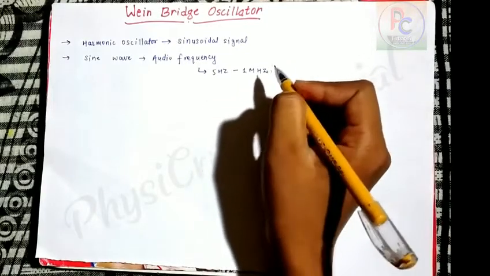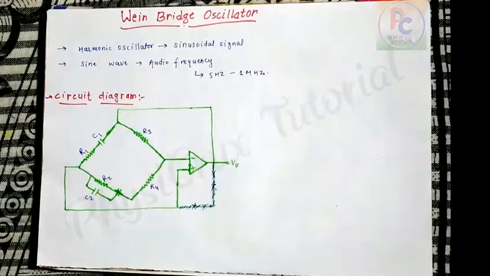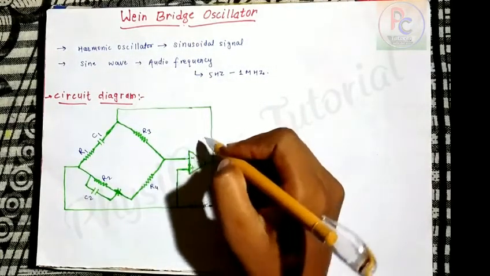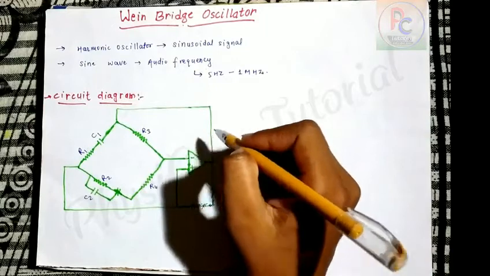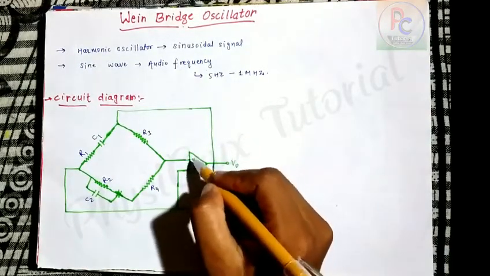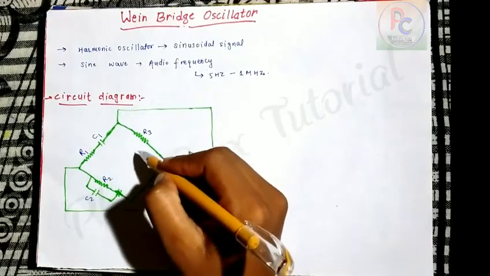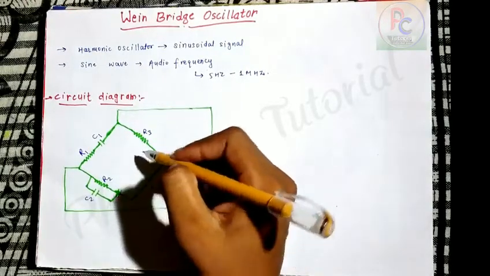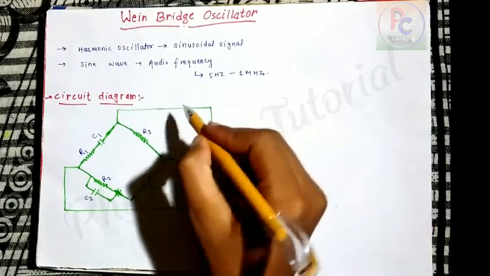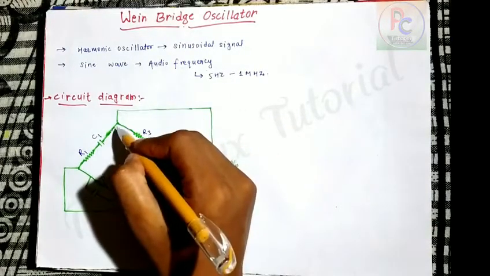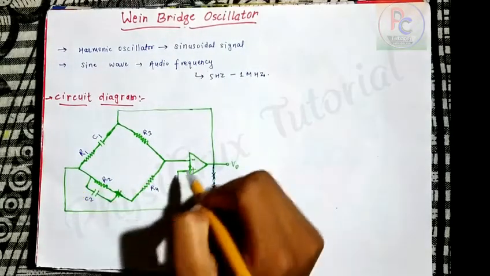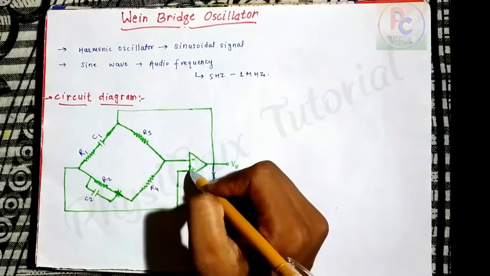Now let's go through its circuit diagram. So here this is the circuit diagram of the Wein-Bridge oscillator. It consists of an op-amp and an RC feedback circuit. The output of the op-amp is taken as the input of the RC bridge network, and the output of the RC bridge network is taken as the input of the operational amplifier.